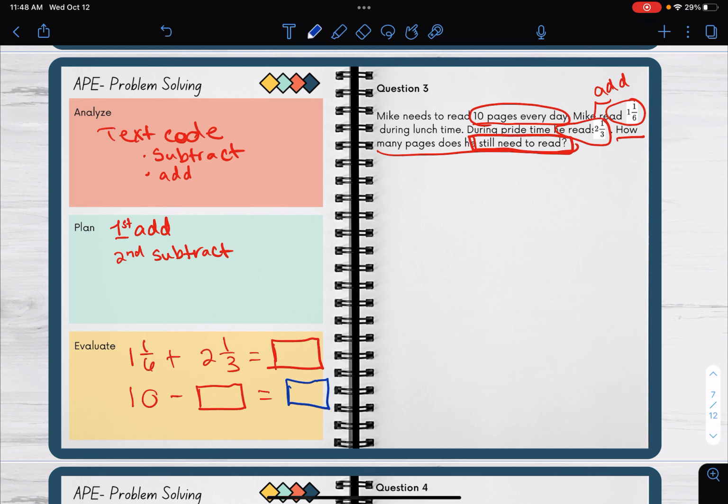Remember, you do have to find common denominators before you add. Okay? So let me put it in a different color.